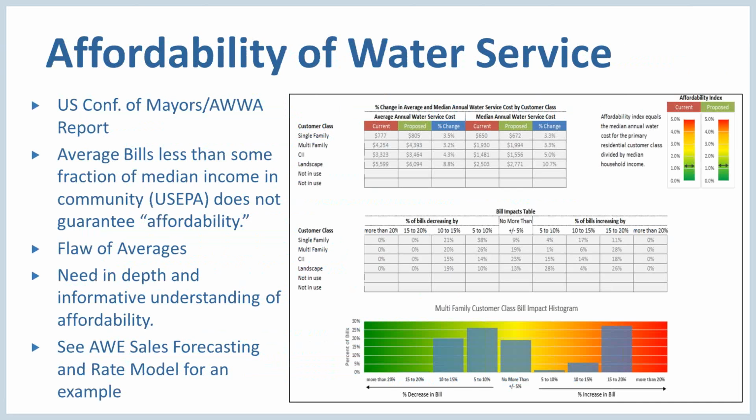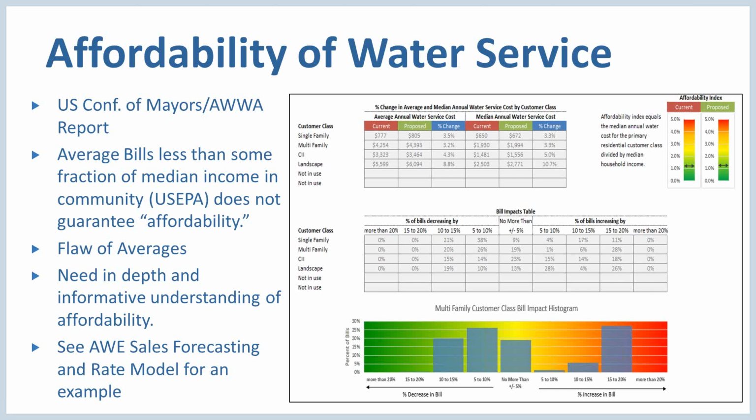Affordability is a large and increasingly important issue. There was a fantastic report out sponsored by the U.S. Conference of Mayors and AWWA suggesting that a traditional definition of affordability used by the U.S. EPA could be improved. Instead of a community-wide impact, perhaps the more important thing is how it affects low-income customers.